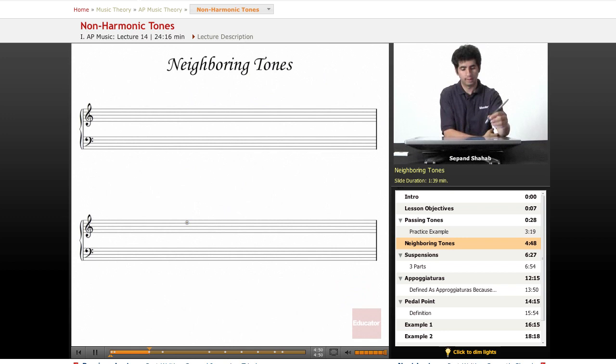Okay, now we can look at neighboring tones. So I can go right back to that chord progression that I started with, 1 to 4.